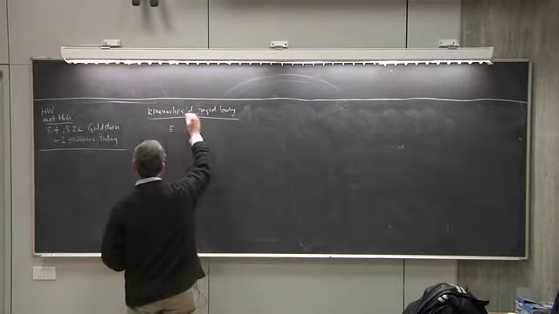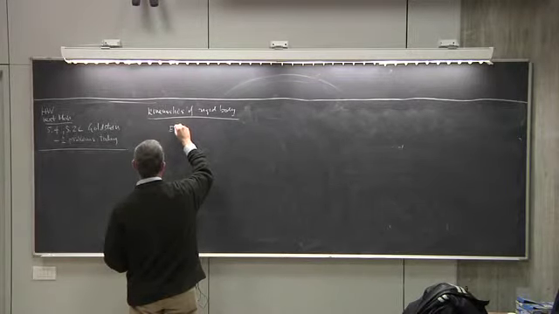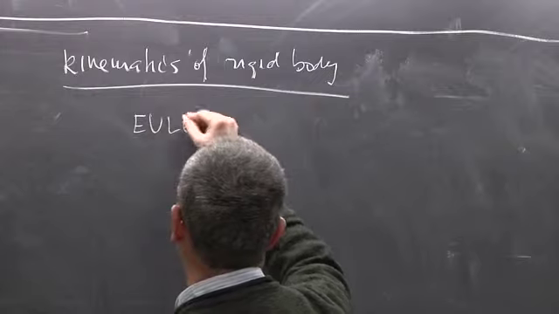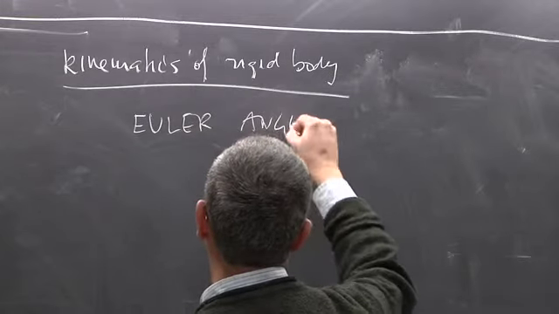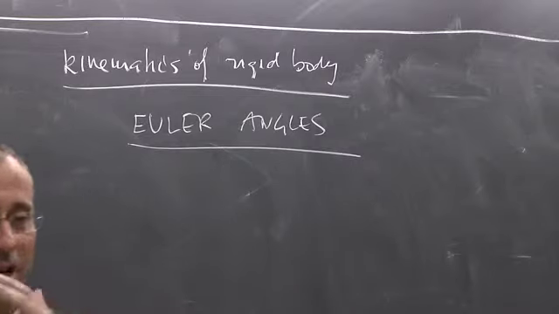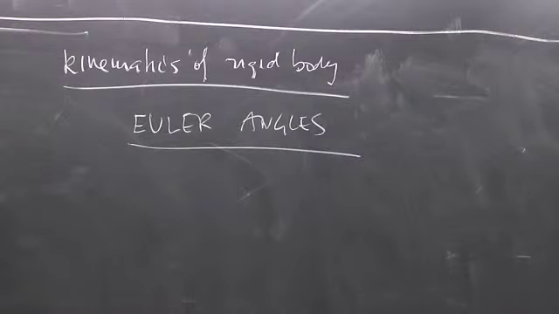So the kinematics of a rigid body is based on this. How do you write Euler? Euler's angles. So these are like the x, y, and z for the kinematics of a rigid body.